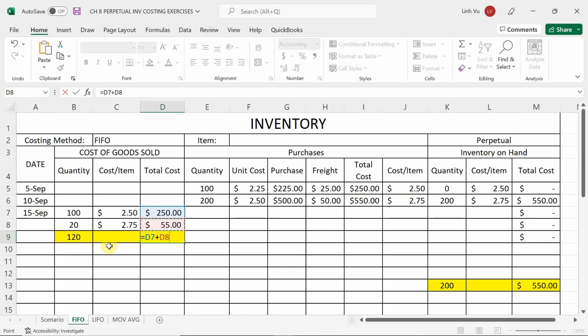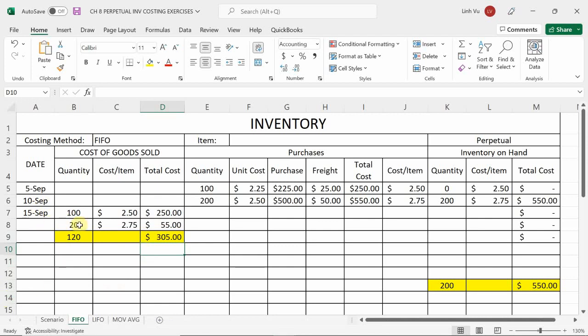There's no purpose in doing two separate entries for two separate batches. You can if you want to, but that wastes a lot of space and isn't efficient. So you can just add them all up together and take one total cost of goods sold for the entire 120 units. In this case, 305 is what I got rid of.